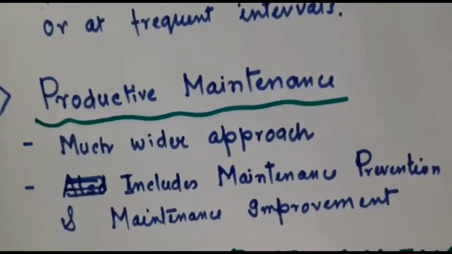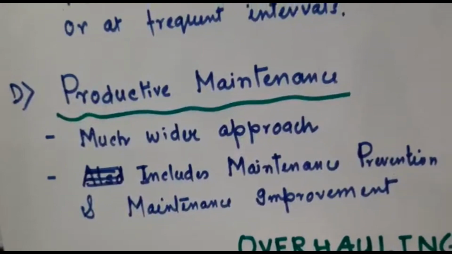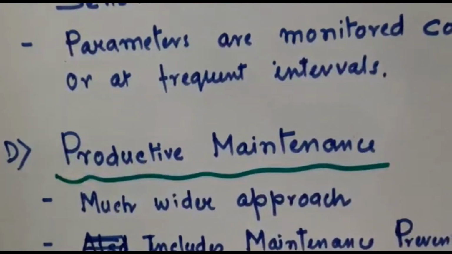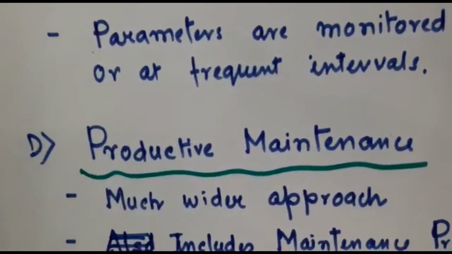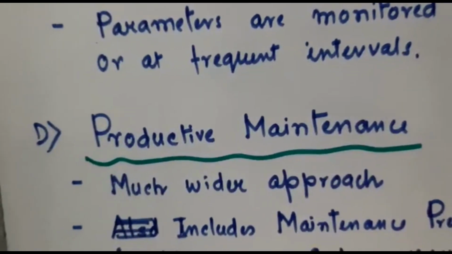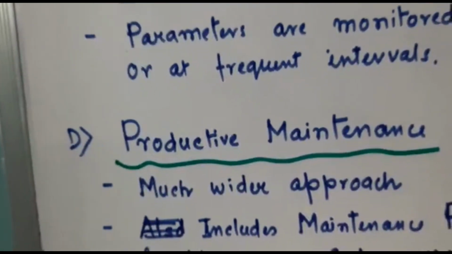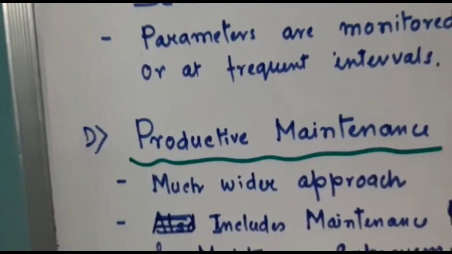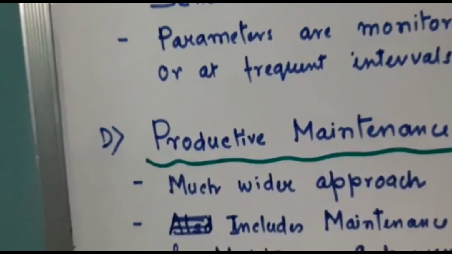So maintenance prevention and maintenance improvement are the main elements to be focused on in productive maintenance. Maintenance prevention is the process of making new equipment having a maintenance-free design. So you will be designing the machine in such a way that it does not call for any maintenance.